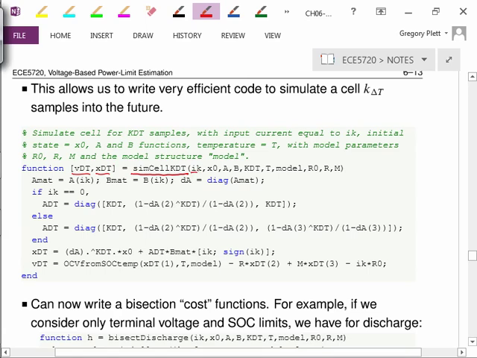And I have a constant current input, I have an initial state, I've got the A and B matrix functions, I've got the number of samples, temperature, the model, and then some model parameters, which could be useful.